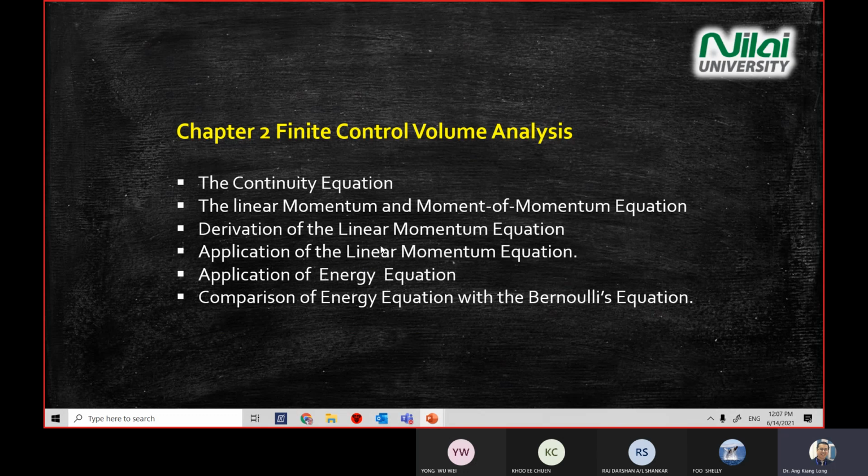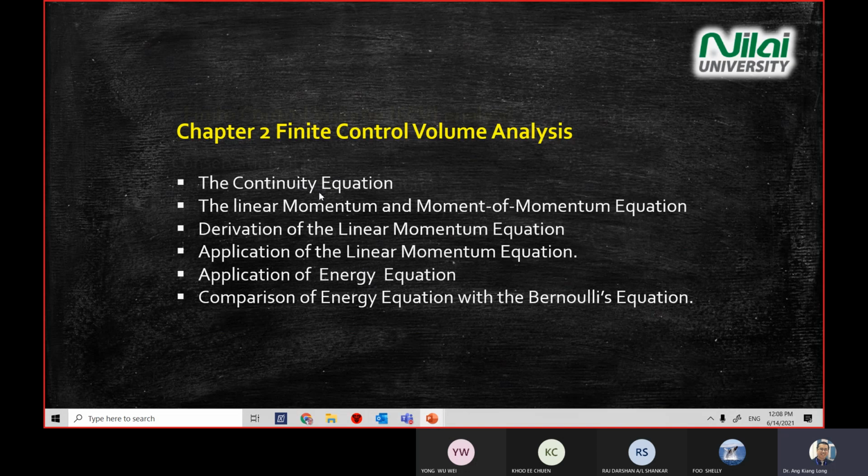You look at the derivation and application, and one more, the energy equation. Then we look at how the Bernoulli equation that you learned in the introduction to fluids links with the energy equation.